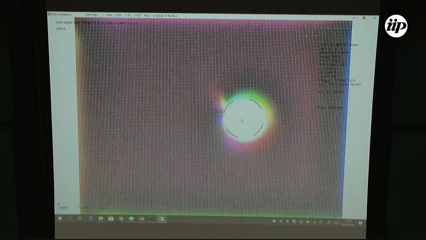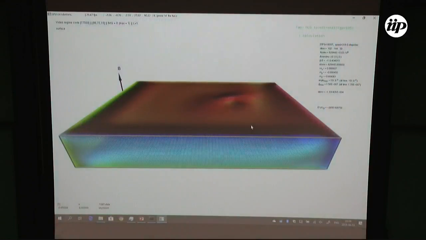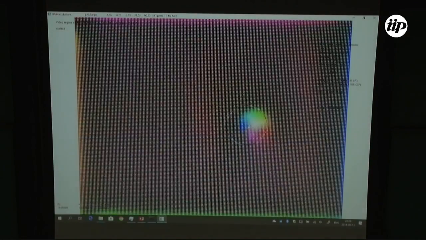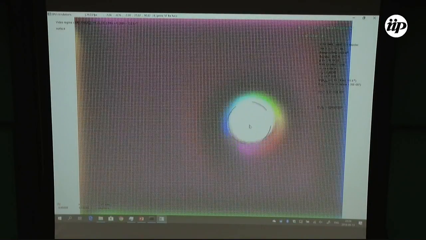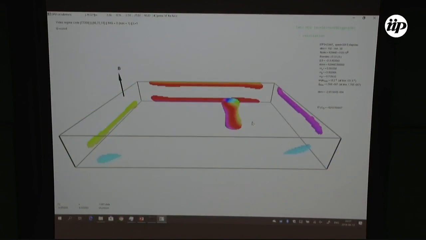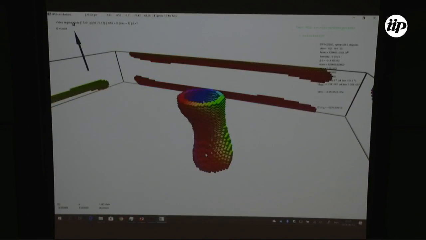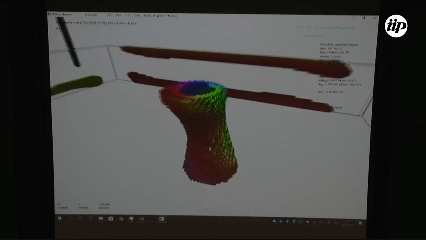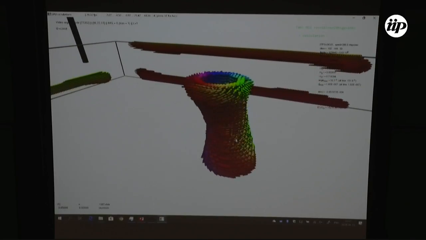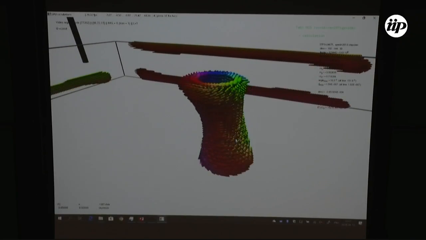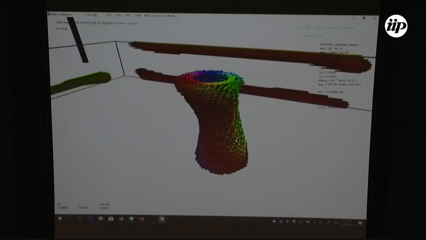Let me show the skyrmion inside. Of course this skyrmion is now three-dimensional, and it is not just a circle, but a tube, a skyrmion tube.